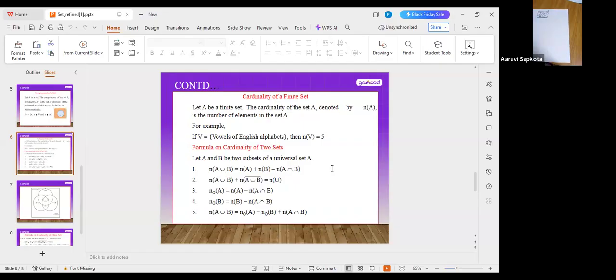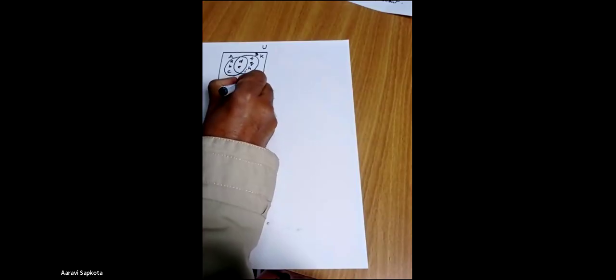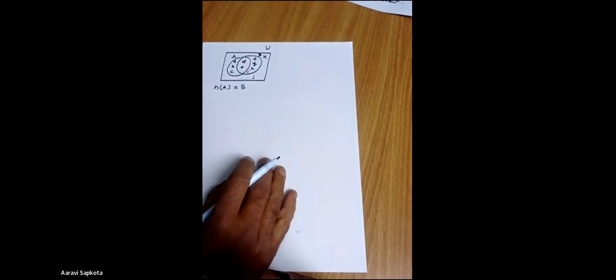Now please note down the number of elements of A. What is NA? Go through the figure and write down NA. Is it 5? There are 5 elements in the set A. And what about NB?